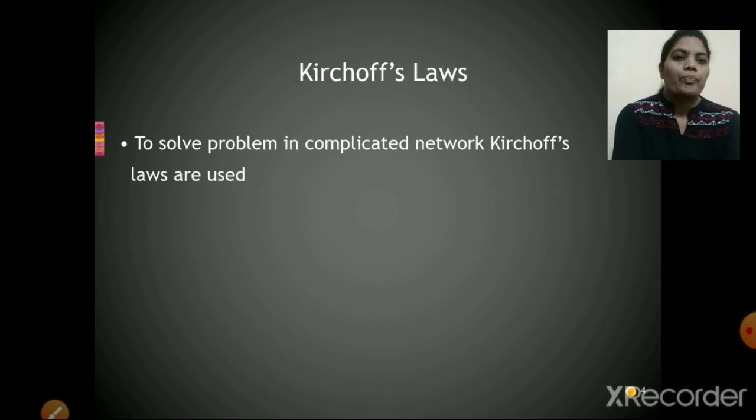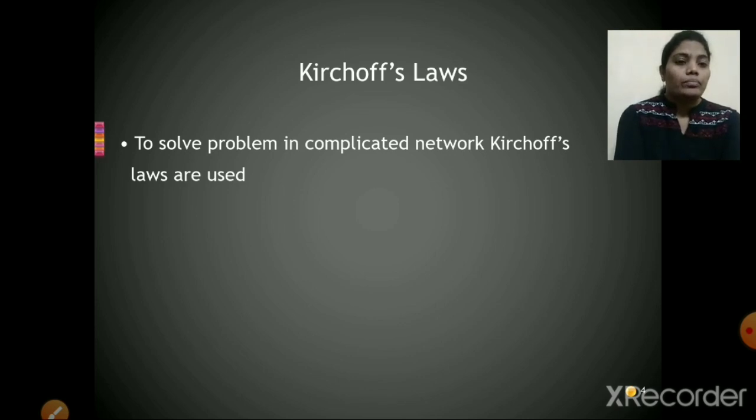In the previous sessions, we also learned about Ohm's law, where we got a relation between potential difference and current. By using that, we can find the resistance in the circuit.